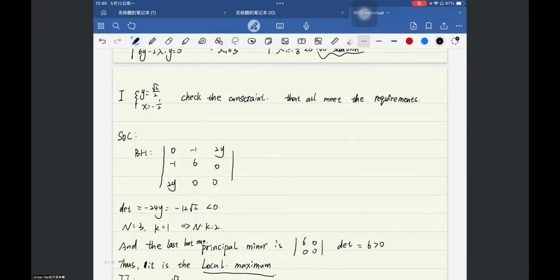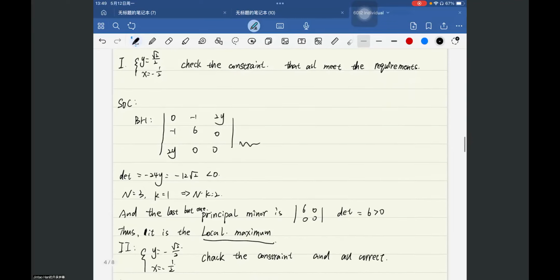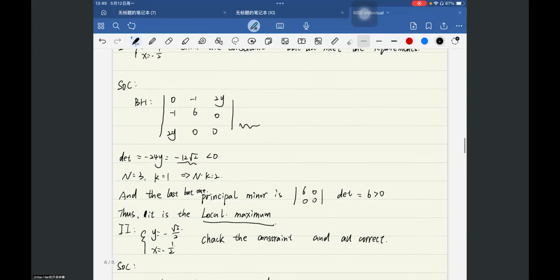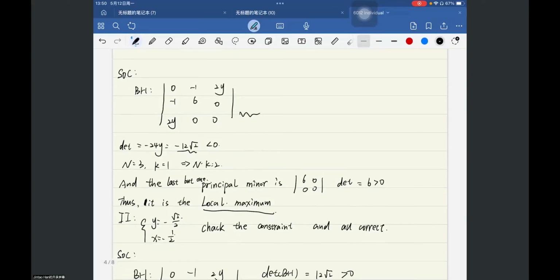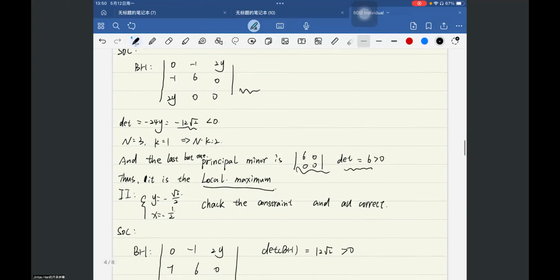The Hessian matrix is this, and we solve the determinant, which is absolutely less than 0. So we use the bordered Hessian, where n is 3 and k is 1. We should solve the last but one principal minor, which is this, and the determinant is 6, larger than 0. Thus, it is a local maximum.